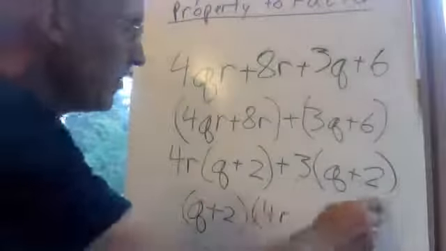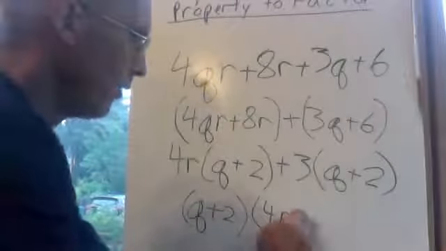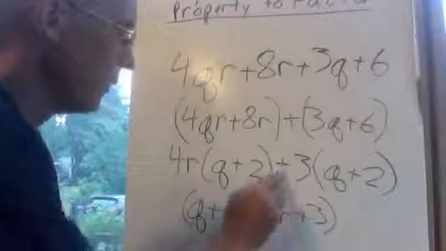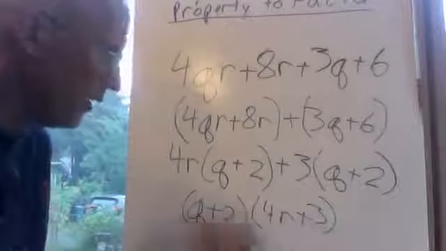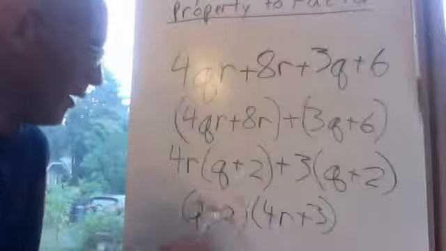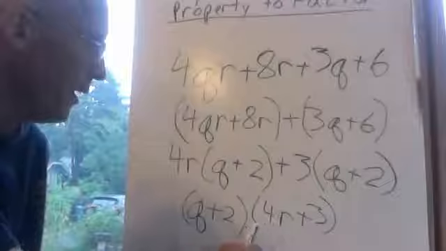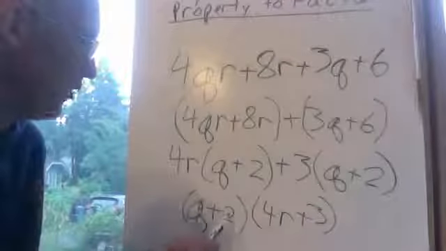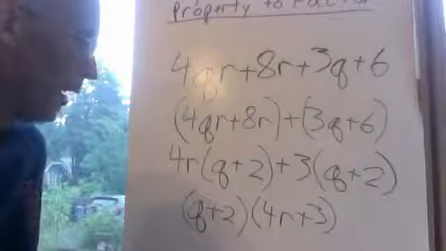When we divide this whole term by Q plus 2, it leaves us a positive 3. And so our ultimate endpoint is we get this binomial times this binomial, and if you multiply this together, it's going to give you back up here. Okay? All right.